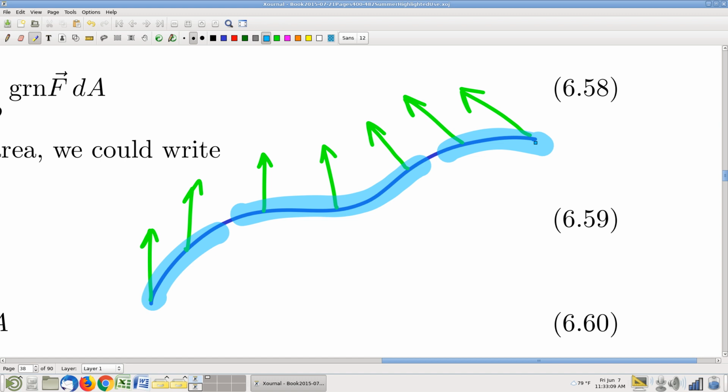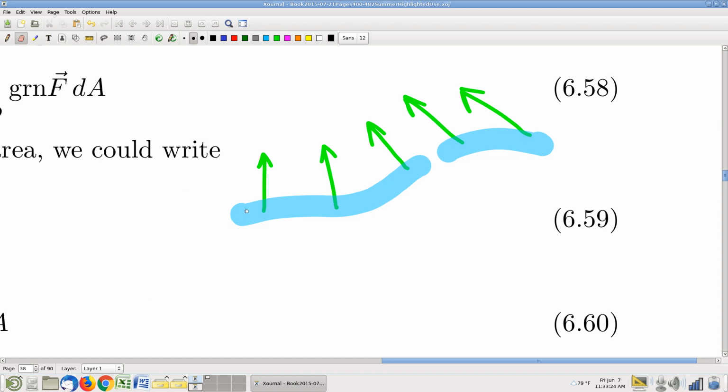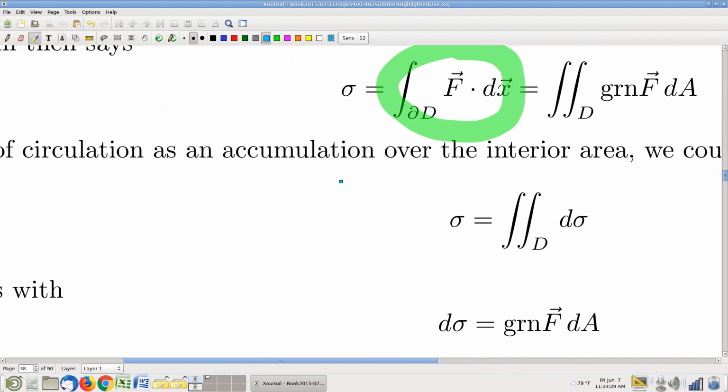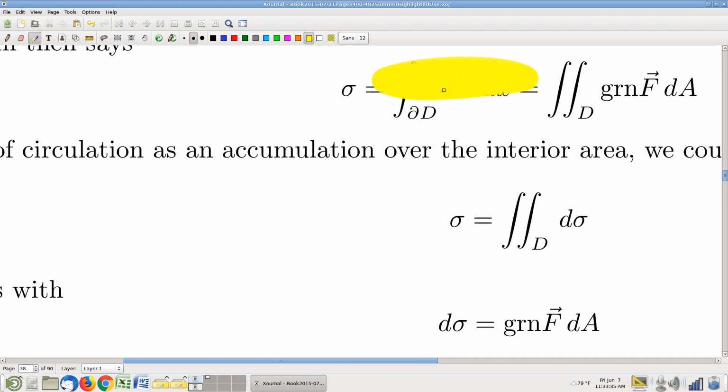So if you think of line integral as measuring the extent to which the fluid is flowing along the total curve, then we can take a new interpretation of this integrand here, this expression here. This is line integral: how much is the fluid flowing along a curve, but specifically where that curve is a boundary.